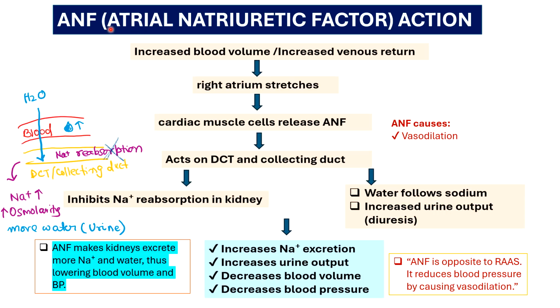We already looked into dehydration situation, but imagine a condition where the body has more water than it optimally needs, or simply the body is overhydrated. Under such condition, the increased water volume increases the blood volume, which in turn increases the blood flow into the right atrium, causing its stretching.